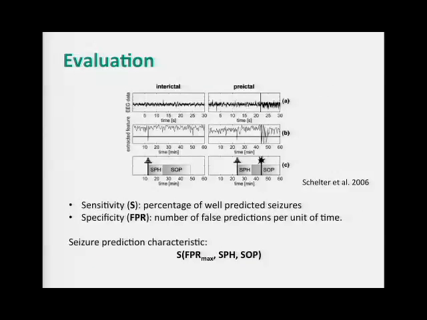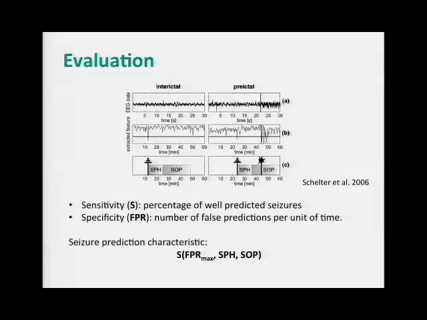And finally, we have the evaluation, or the statistical validation, of the method. Here I present a figure from Schelter's paper. We have a segment of interictal and of preictal raw data first, then a feature that has been extracted from it, just below, for the interictal and for the preictal.